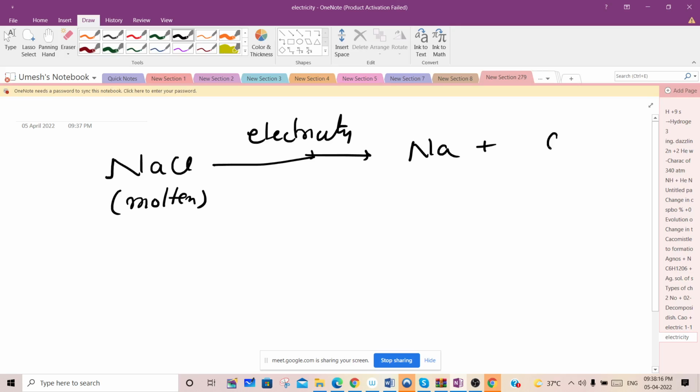I'm getting sodium plus chlorine. The reactant is decomposed, broken up. This is called the electrolytic decomposition reaction. It is solid here and this is the gas here.